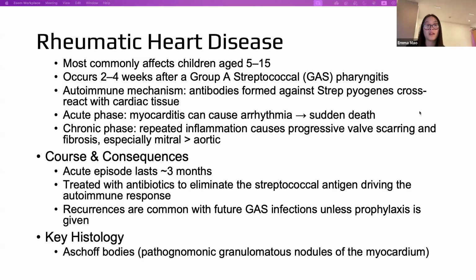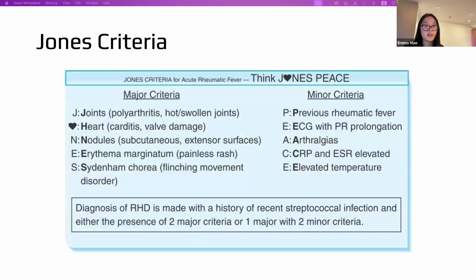So if you have in the question stem a child with a recent sore throat and then cardiac symptoms, think rheumatic fever. Okay, so early on, myocarditis, and then chronically, there will be valve fibrosis. And then diagnosis of rheumatic heart disease is with the Jones criteria. Okay, so they sometimes test you on the names of these criteria.